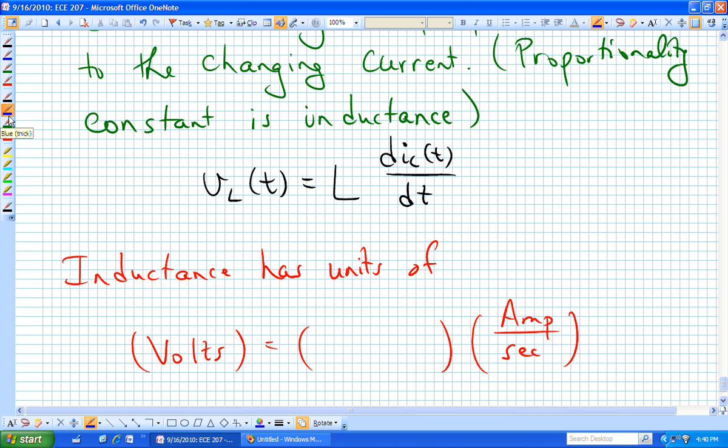And inside the L are the units on L. We need the result to give us volts, so we need to get rid of the amps and the seconds.